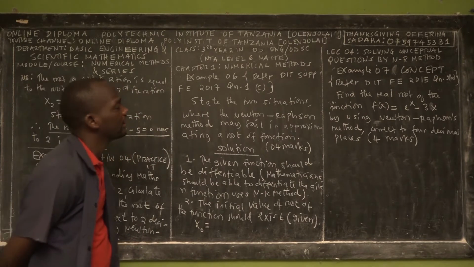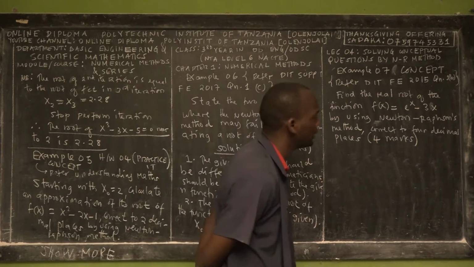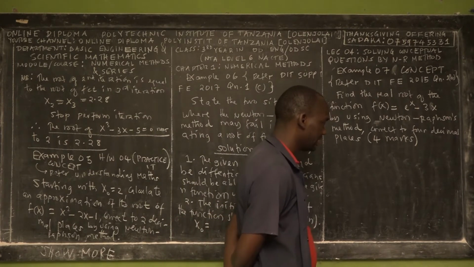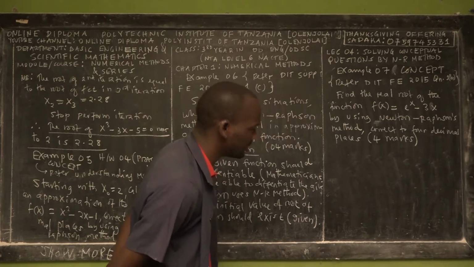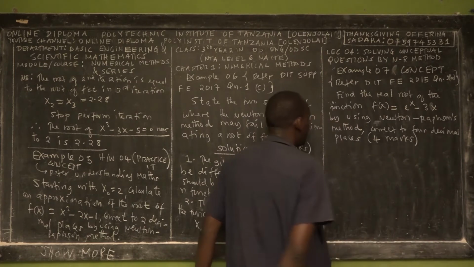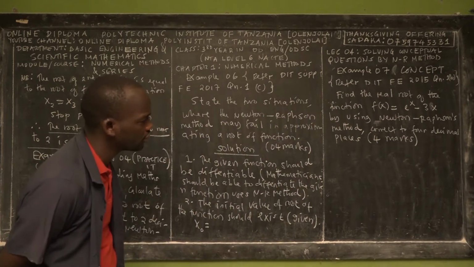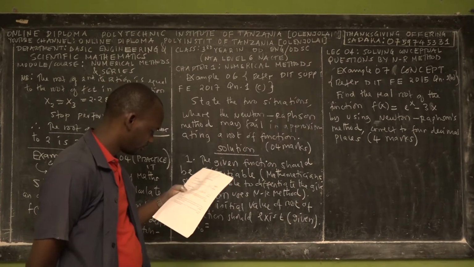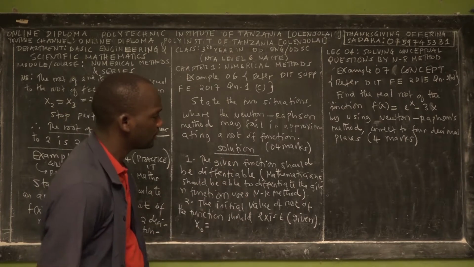The question reads: find the real root of the function f of x is equal to e power x minus 3x. You should not confuse the function: e power x is the natural exponential function, and 3x is the polynomial term. Use the Newton-Raphson method, correct to 4 decimal places.